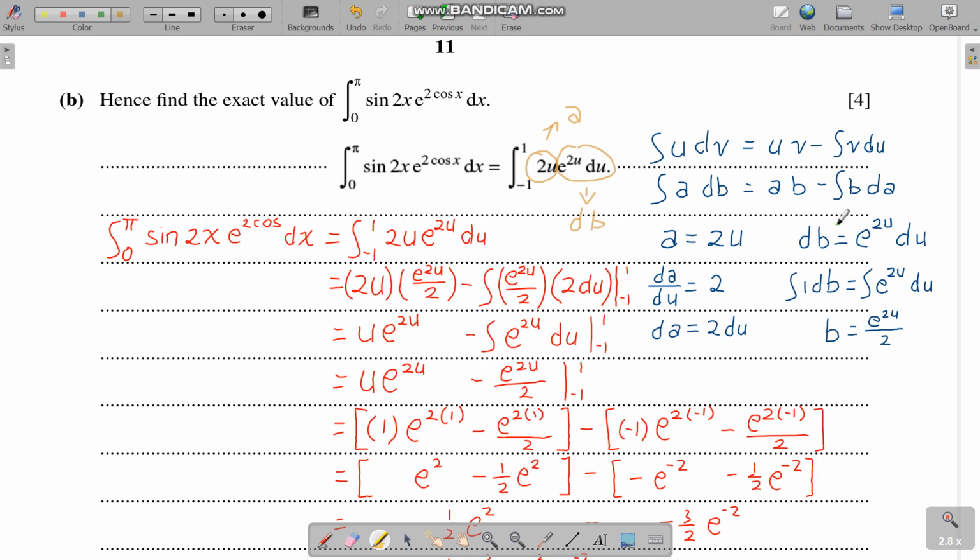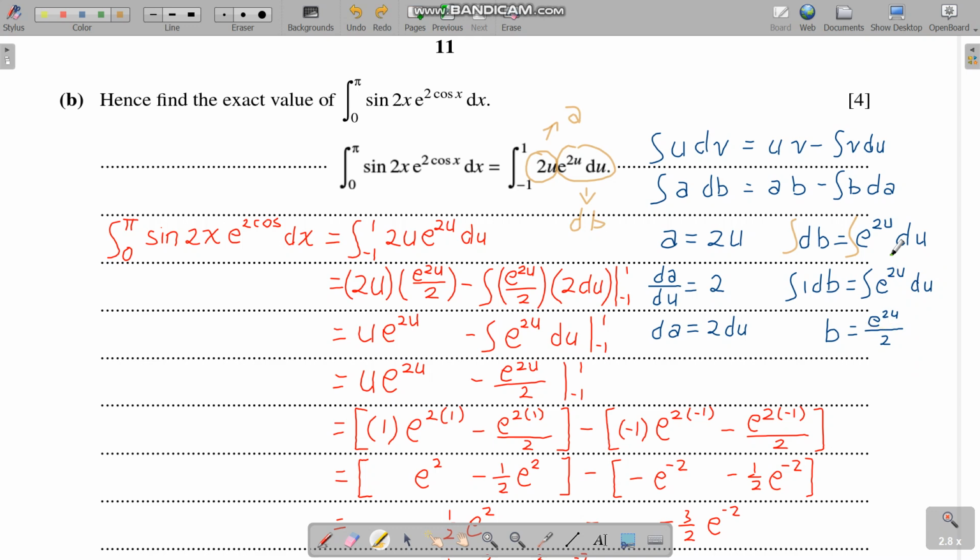So if the db is 2e to the 2u du, we of course integrate both sides. The integral of just nothing, or 1 db, is just like the integral of 1 dx, so it's just x, so in this case just b. And the integral here is just exactly the same but divided by 2 because of the chain rule.